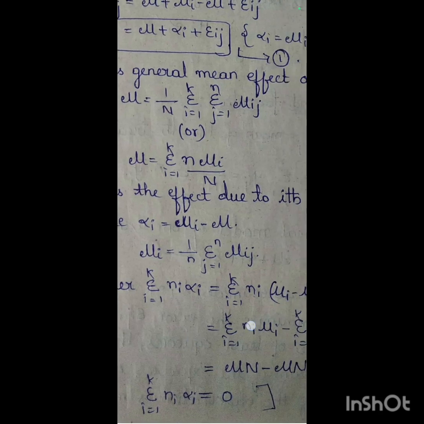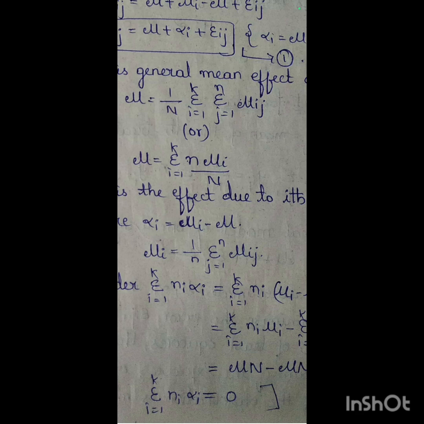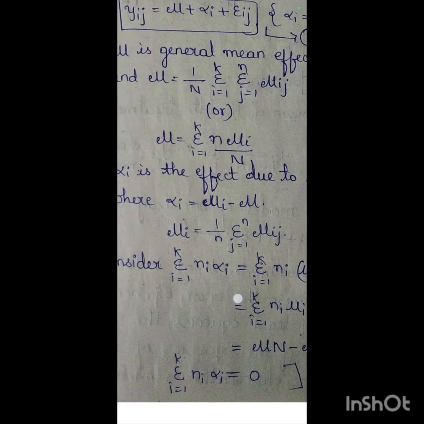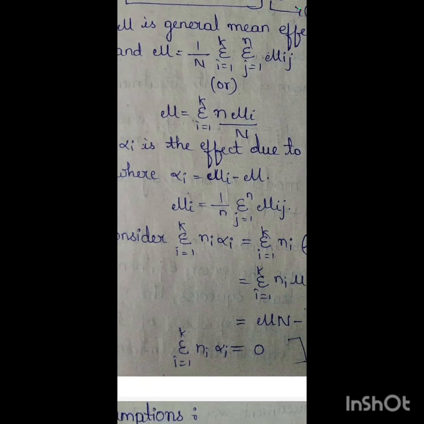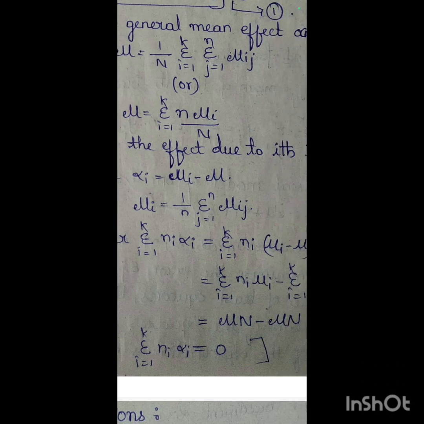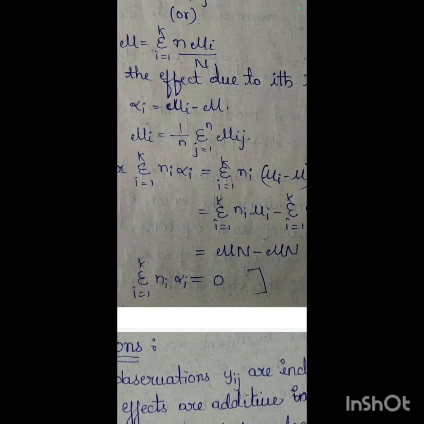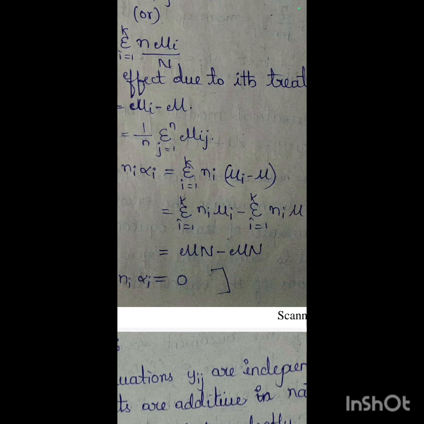Alpha i is the effect due to the ith treatment, where alpha i equals mu i minus mu, and mu i equals 1 divided by n summation j equals 1 to n of mu ij. Now consider the summation i from 1 to k of n_i into alpha i, which is summation n_i into (mu i minus mu).